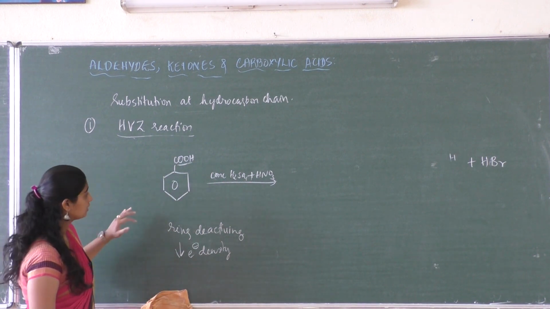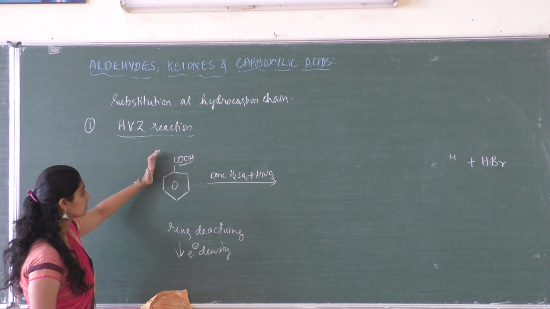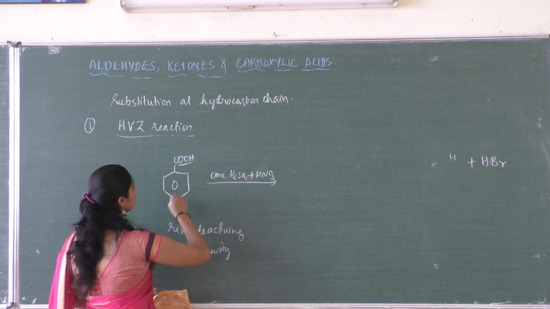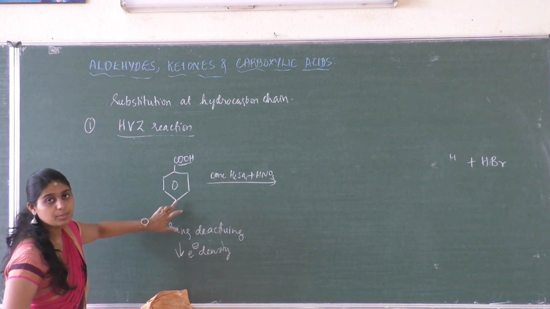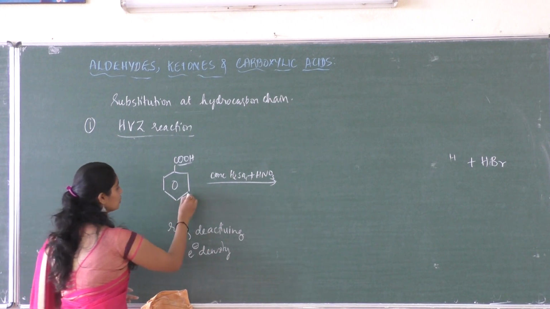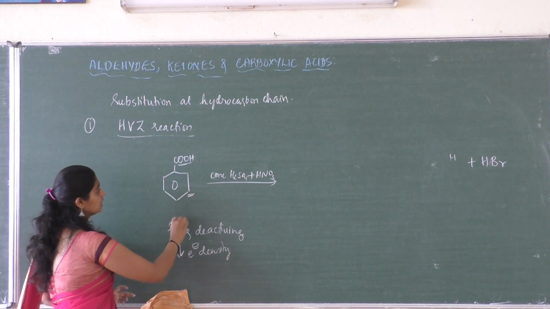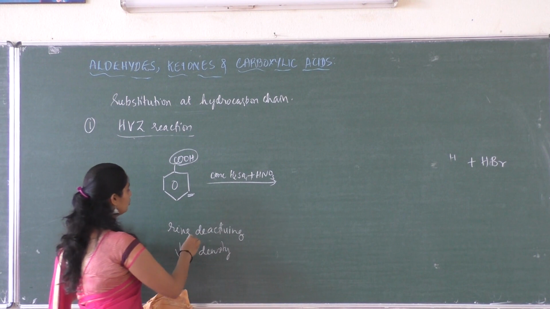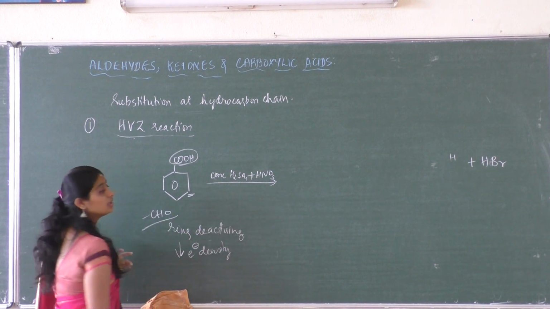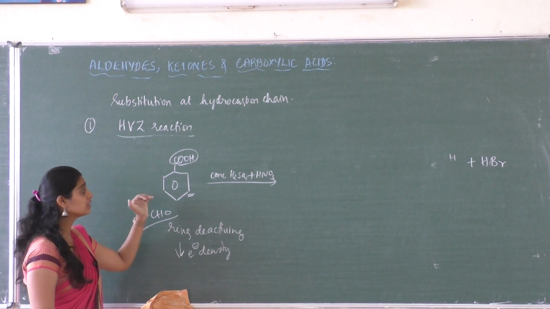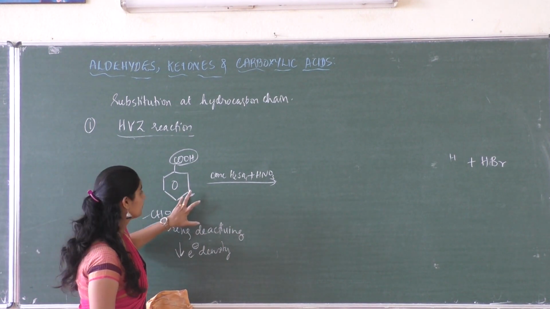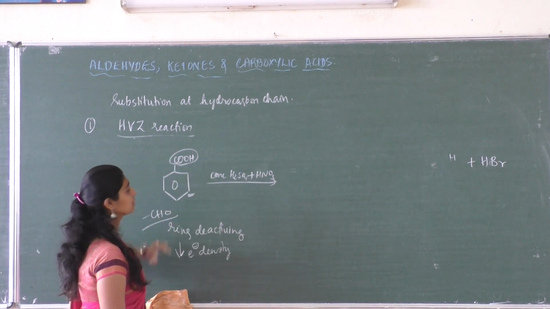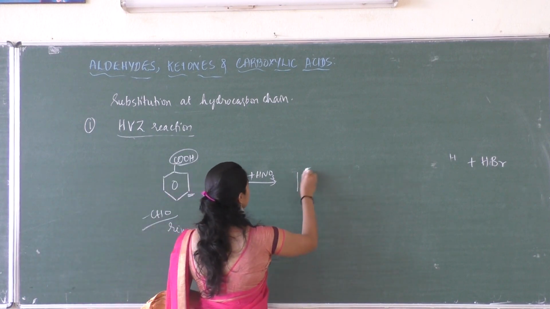You have written the resonance structure for the same in the first year, where you get positive charges on ortho and para positions. So the only position which doesn't have a positive charge is the meta position. So the COOH group and CHO group are termed meta directing. That means it directs the electrophile to the meta position instead of ortho and para. So it is termed a meta directing group, as well as a ring deactivator.